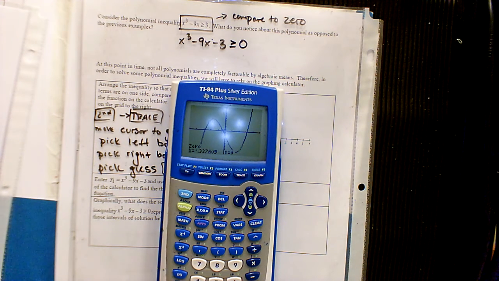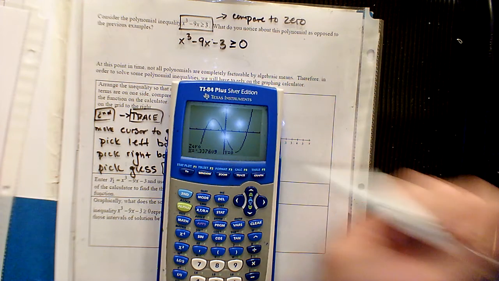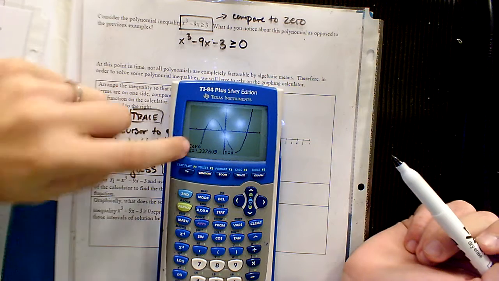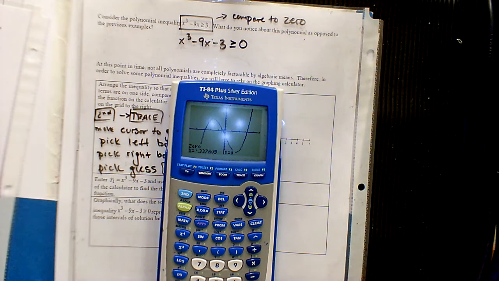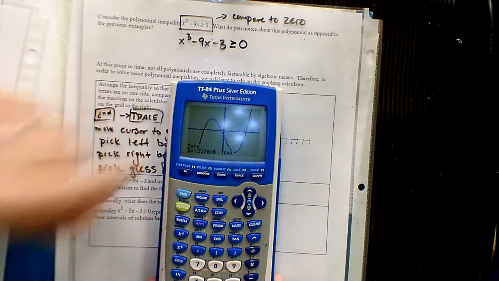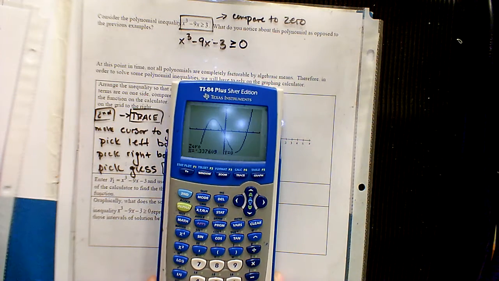And as long as that word 0 is on your calculator, that's what we're looking for, okay? Your y value might be that weird scientific notation, but as long as that word is on there, they're telling you that's your x-intercept. Okay, so this one's negative 0.338.